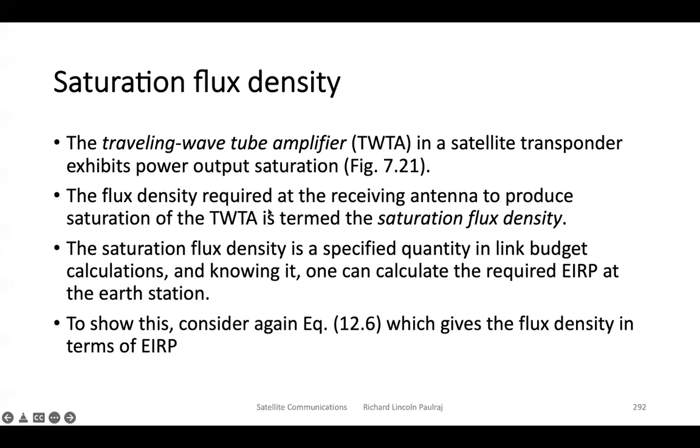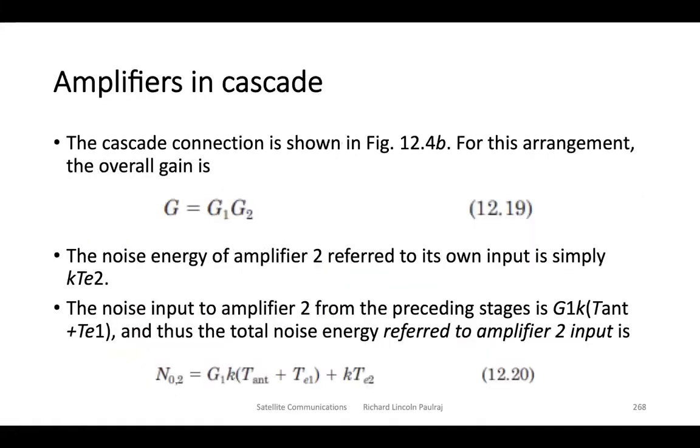The flux density required at the receiving antenna to produce saturation of the TWTA is termed the saturation flux density. So it is the flux density required at the receiving side antenna to produce saturation, which means it should get into saturation. You have seen this diagram previously, the traveling wave tube amplifier. Let me just bring it across.